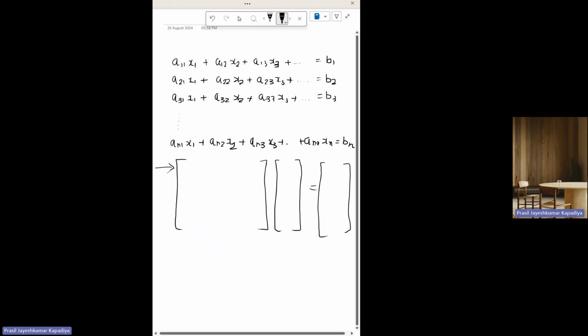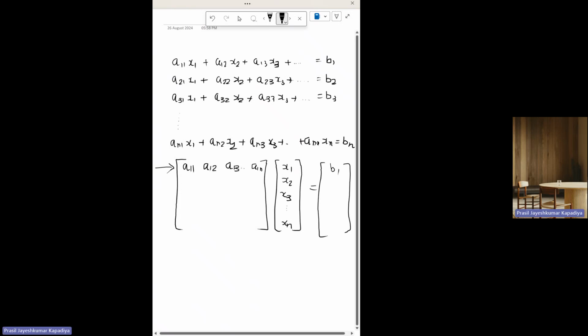So my first row is equation 1. Let's say that is a11 into x1 plus a12 into x2, I hope you know matrix multiplication, plus a13 into x3 plus up to, let's say, a1n into xn is equal to my first equation b1.